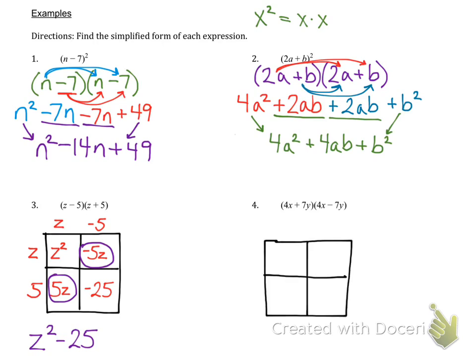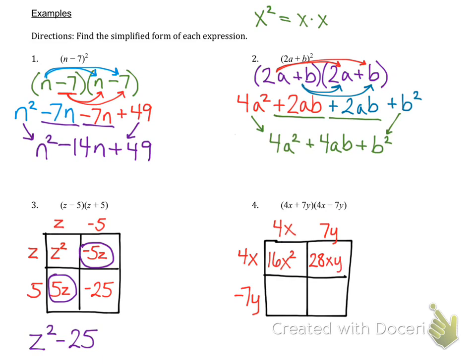I'm going to use the box method again for number 4. So I'm going to put the first binomial at the top, so 4x and a positive 7y, and 4x minus 7y. 4x times 4x is 16x squared. 4x times 7y, well, 4 times 7 is 28, and then I'm going to write in alphabetical order, so I'm going to put the x and then the y.